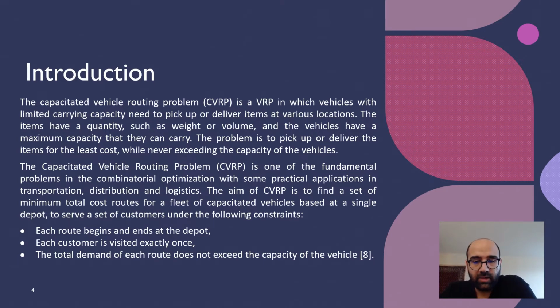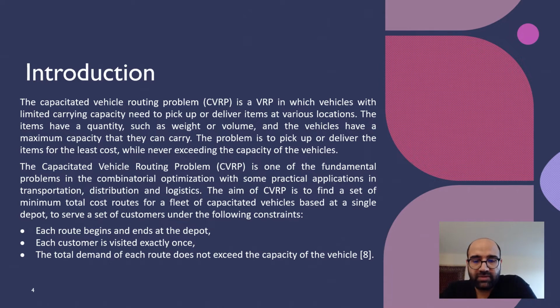The problem is to pick up and deliver items for the least cost while never exceeding the capacity of the vehicles. The CVRP model is one of the fundamental problems in combinatorial optimization with practical applications in transportation, distribution, and logistics.